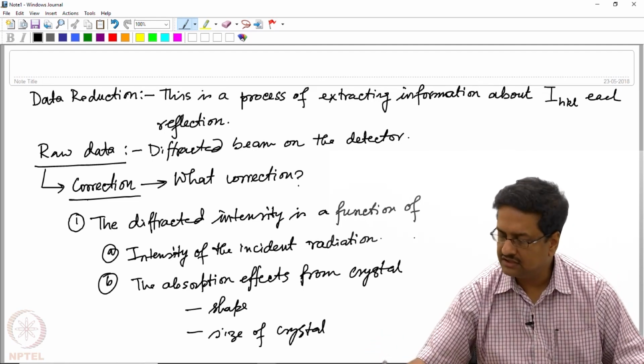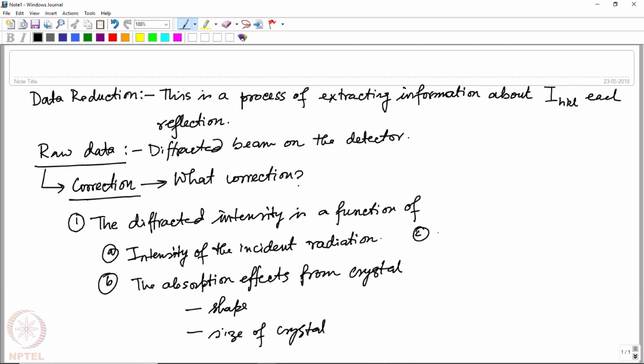This is also a function of the exposure time for which the crystal was exposed in each and every frame.